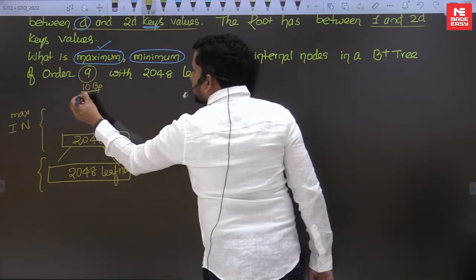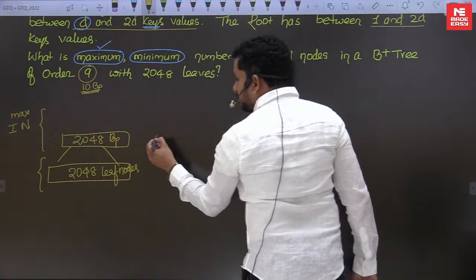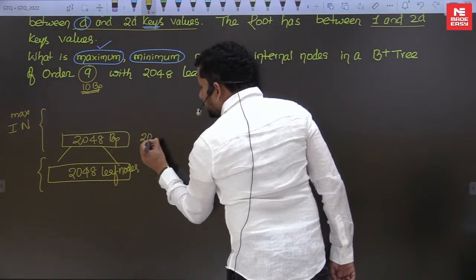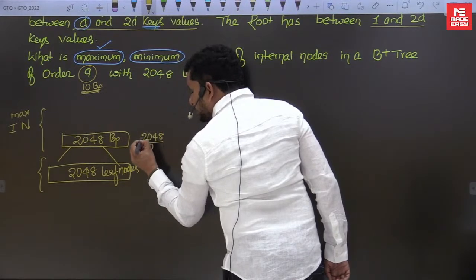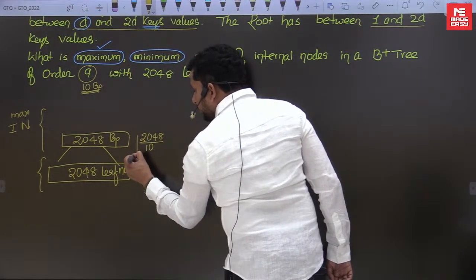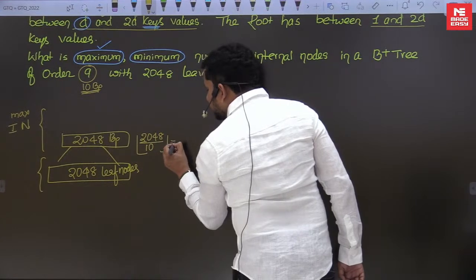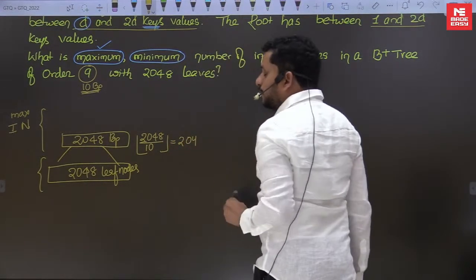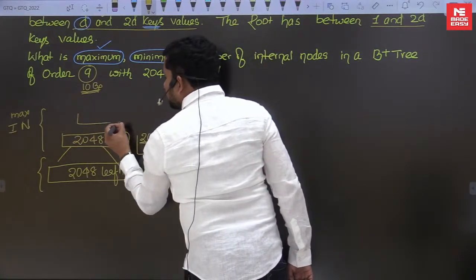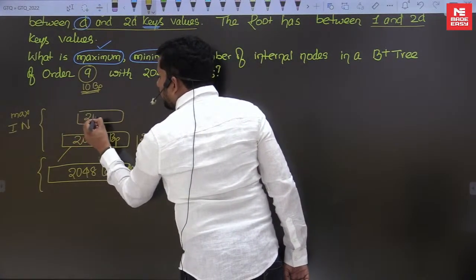So divide 2048 by 10 block pointers per node, floor value. That means it is 204 nodes at this level. So in the previous level we need 204 block pointers.